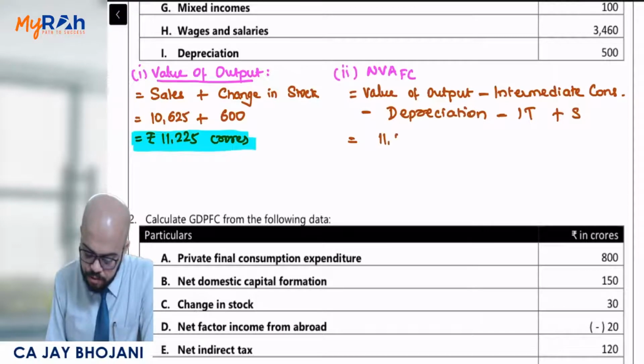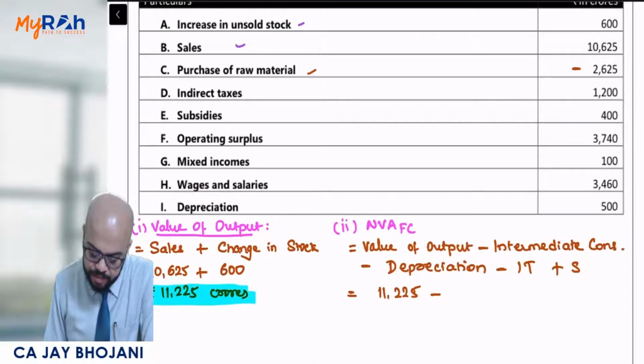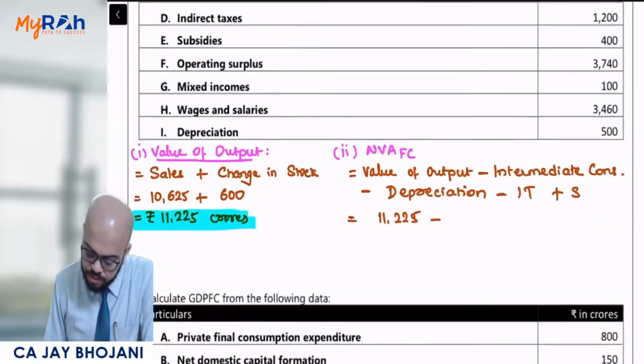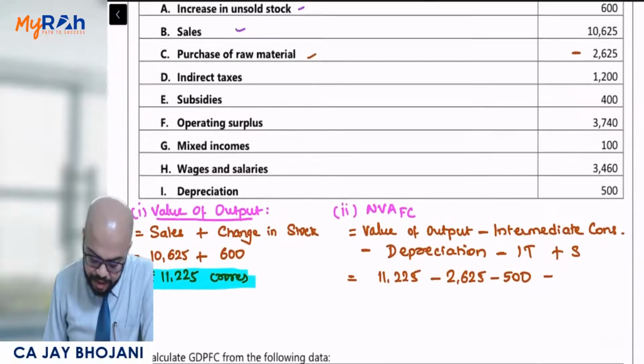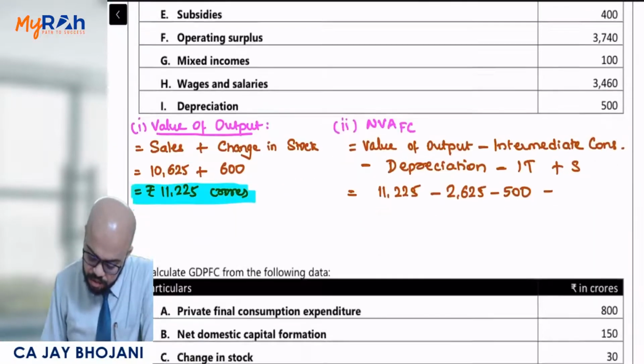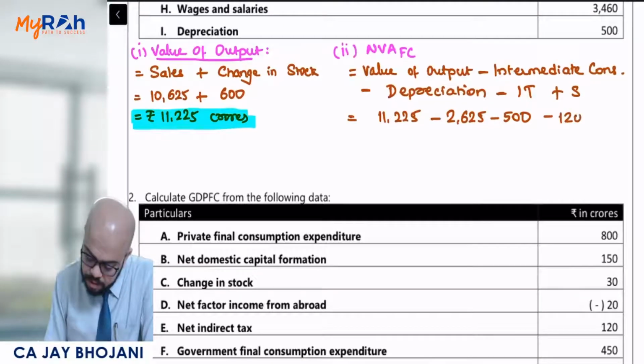So 11,225 minus intermediate consumption, which is raw material, 2,625, minus depreciation, which is 500, minus indirect taxes, which are 1,200, and plus subsidies, which are 400.